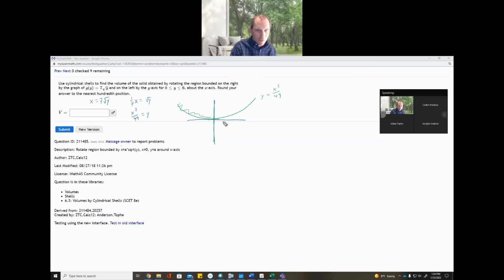And we're told that y is going to vary between 0 and 6. So if y is allowed to vary between 0 and 6, then the region that we have is in here.